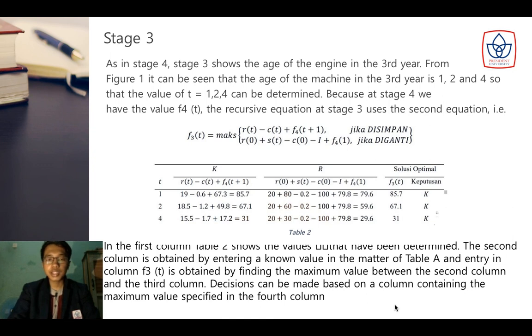The formula is like this, and we look at table 2. In the first column, table 2 shows the values that have been determined. The second column is obtained by entering a known value from table A, and the entry in column F3 is obtained by finding the maximum value between the second column and the third column. The decision is based on the column containing the maximum value, specified in the fourth column.